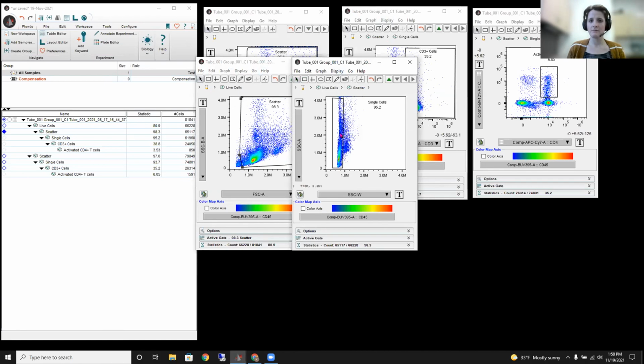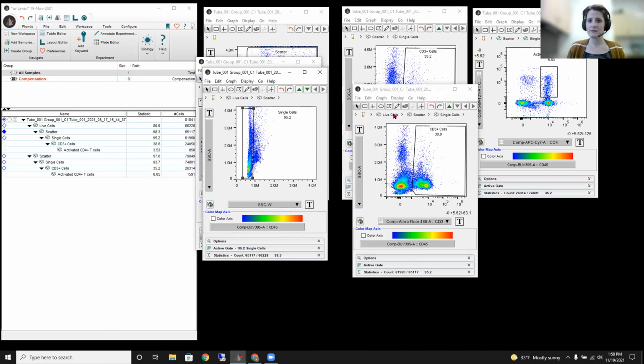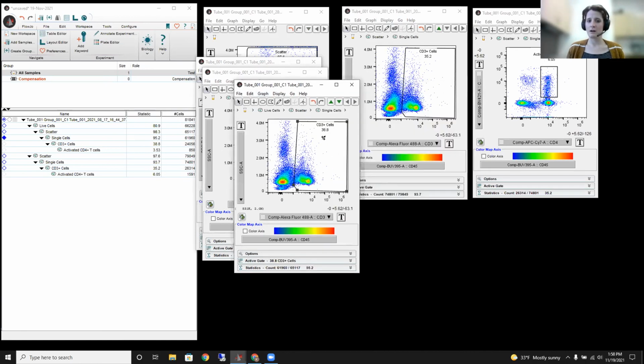Okay. So from there, we look at our single cells. That looks good. We see our CD3 positive cells. Now we actually see this nice difference here where before we only had 35.2% CD3 positive cells, and here we have 38.8. So we're getting a better representation of our CD3 positive cells.